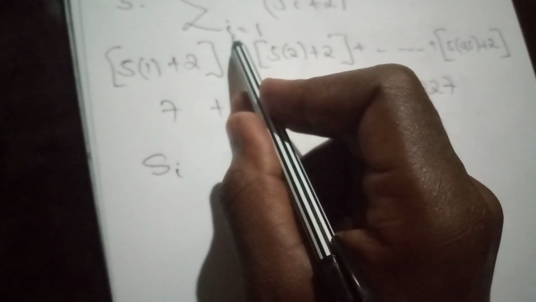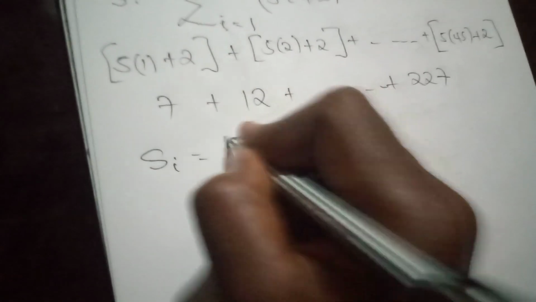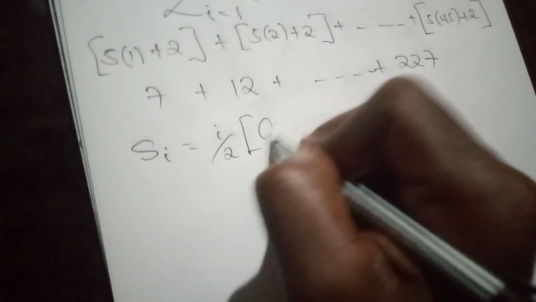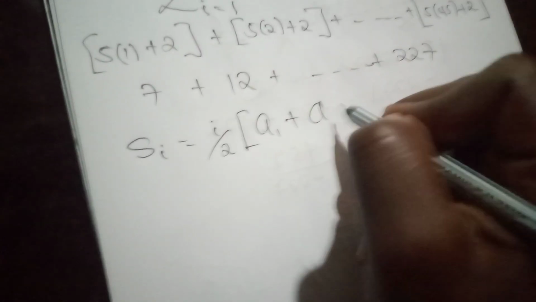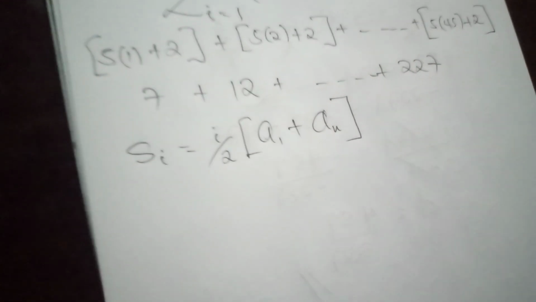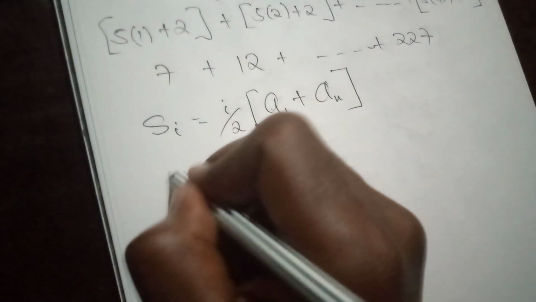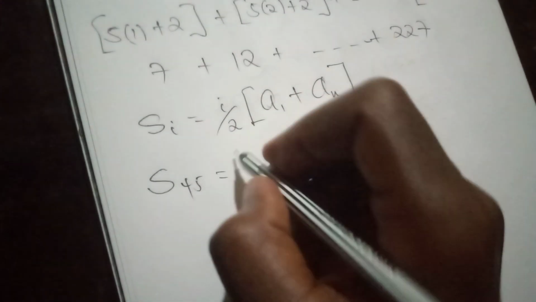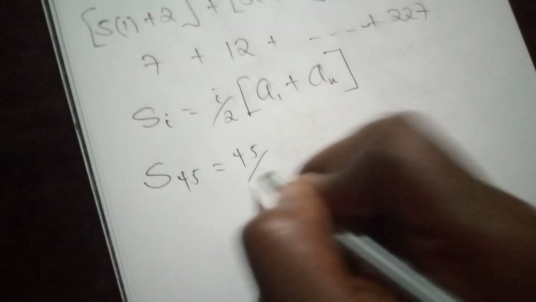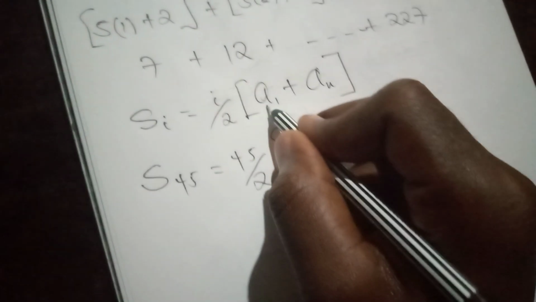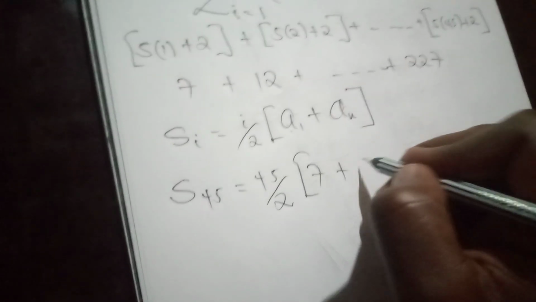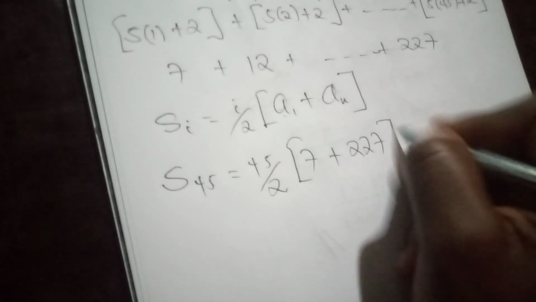So meaning I'm going to find the sum of n terms, since they are using i there, is equal to n over 2 multiplied by first term plus the last term. So this is the formula. The sum of 45 terms is equal to 45 over 2 times the first term, that is 7, plus the last term, 227.